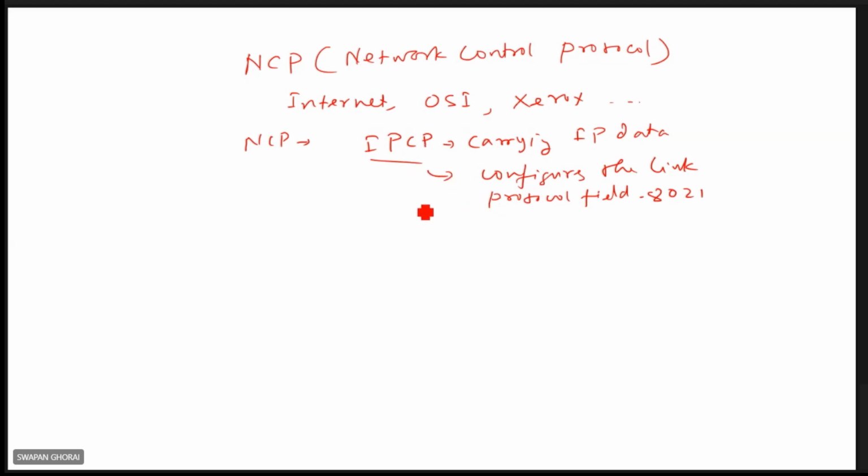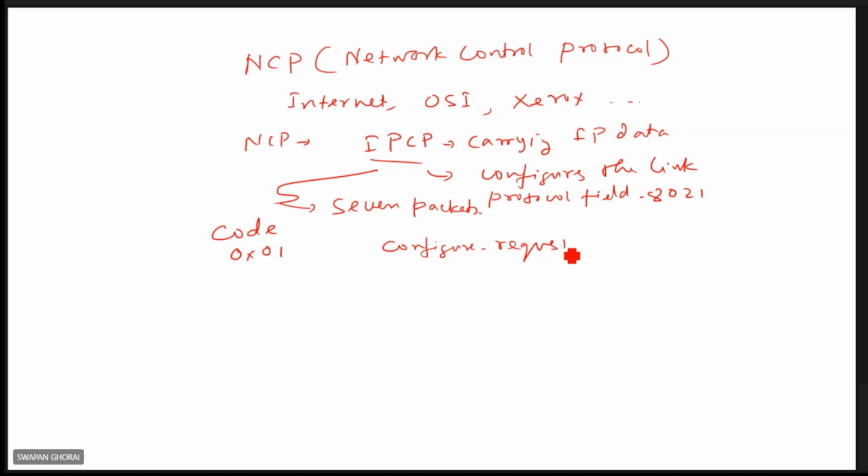So IPCP defines 7 types of packets, and these 7 packets are differentiated through their code values. If the code is 01, it is the configure request packet.